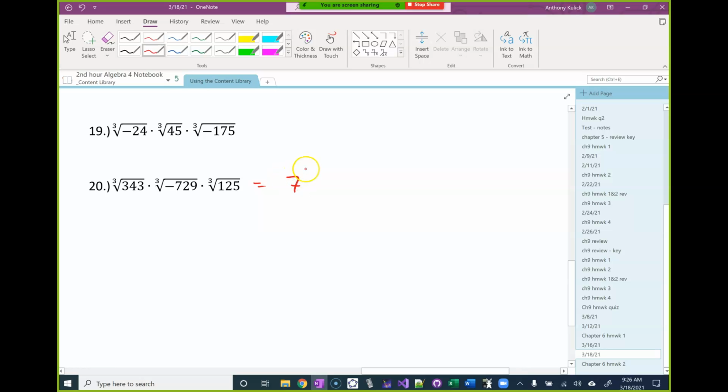So 343 is 7 cubed. 729 is 9 to the 5th. Oops, 3 to the 10th. 525 is 5 to the 3rd. Oops, I still have a -1 in there. Let me write that in there.